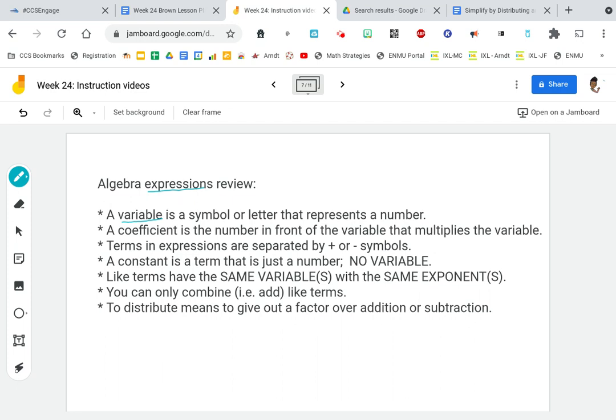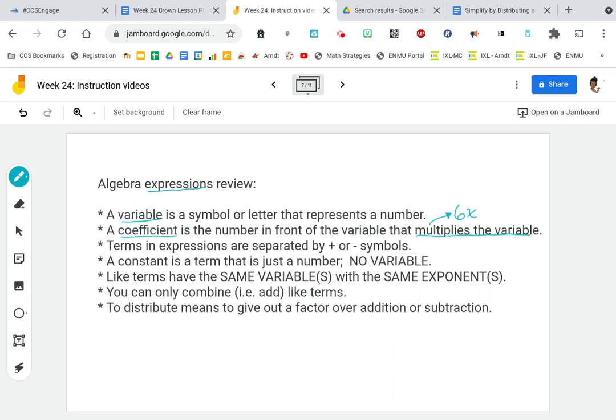The coefficient is the number in front of the variable that multiplies the variable. For instance, if I write the term 6x, that number 6 is multiplying the variable, therefore the coefficient is 6.